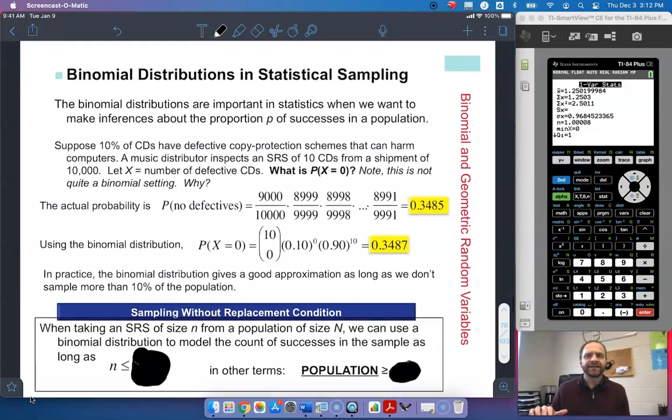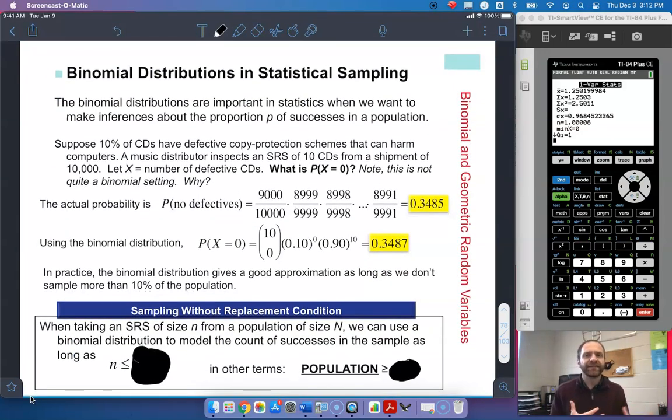So if I'm looking at 10% of CDs have defective copy protection schemes that can harm computers, and a music distributor inspects a simple random sample of 10 CDs from a shipment of 10,000. So there's 10,000 CDs, and they are inspecting a simple random sample of 10.